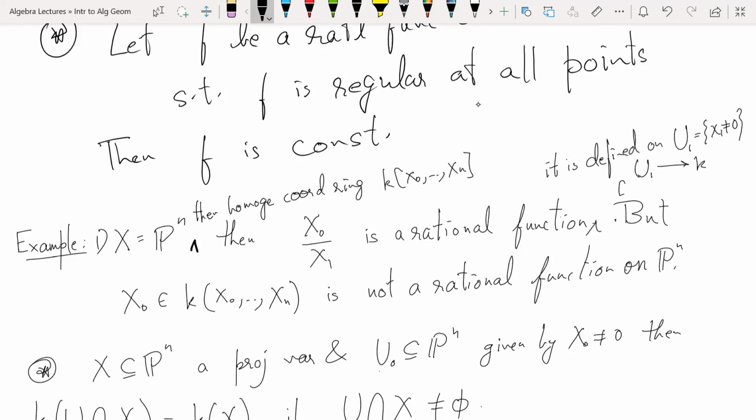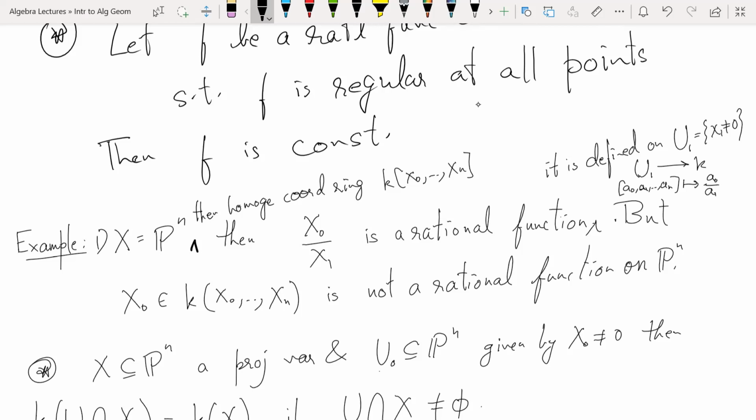A typical element of U1 looks like (a0, a1, ..., an), where we assume a1 is non-zero. This goes to a0 over a1. So that is the map. This is a rational function from Pn to k, which is well defined on U1.